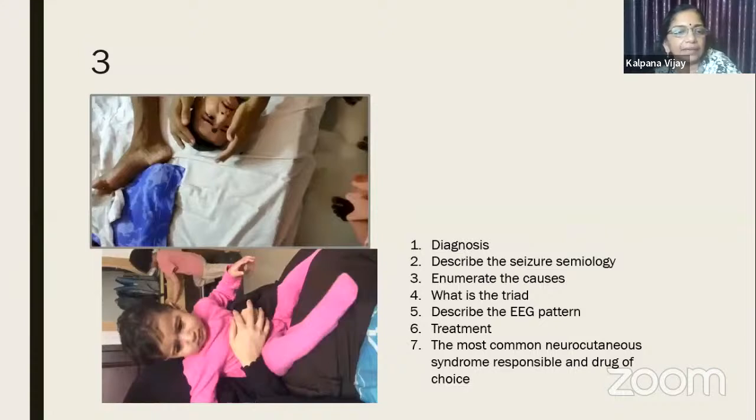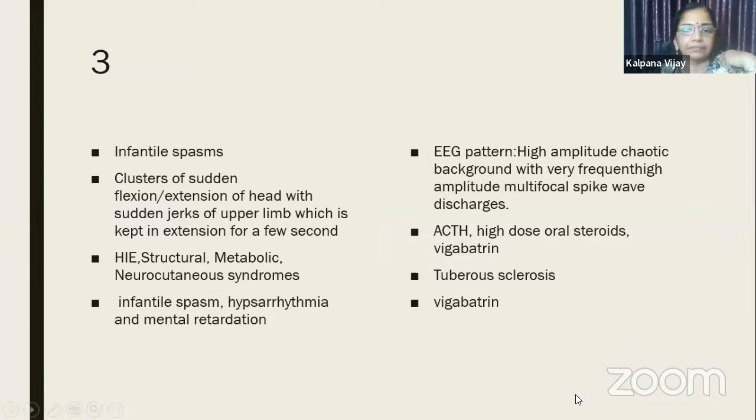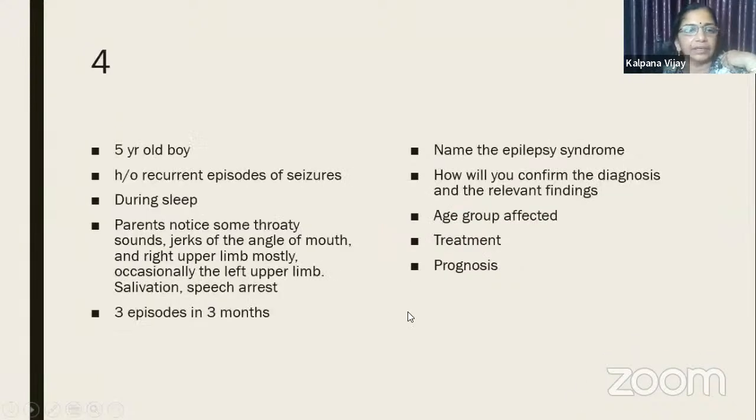The name has come because it is a GABA transaminase inhibitor. That is why Vigabatrin has come. The drug of choice is Vigabatrin because it acts through the mTOR pathway. So that we have mentioned.